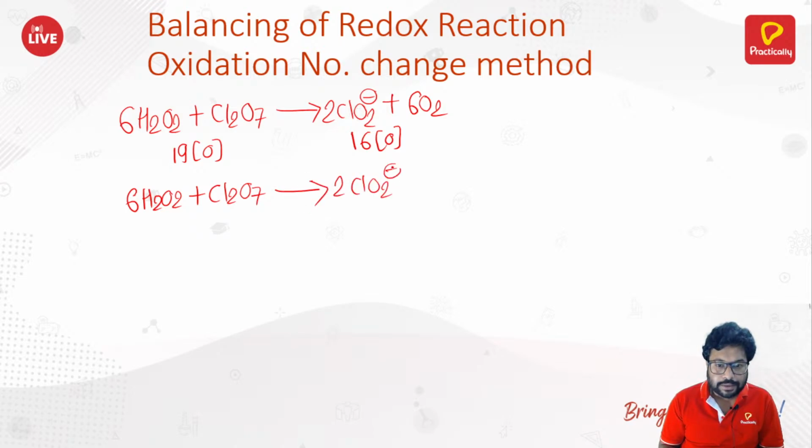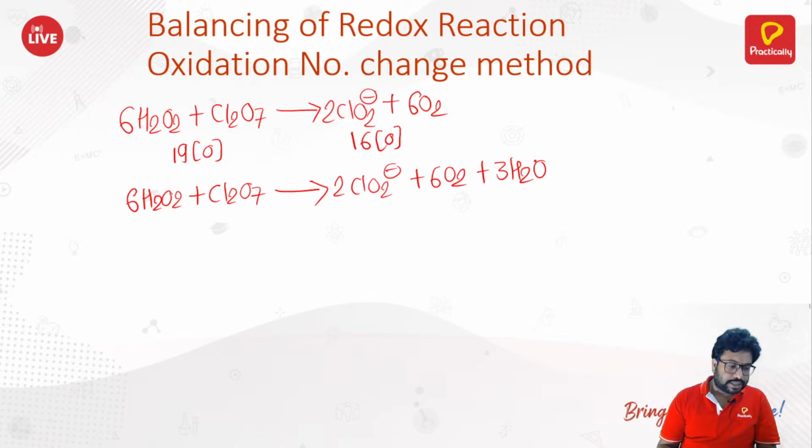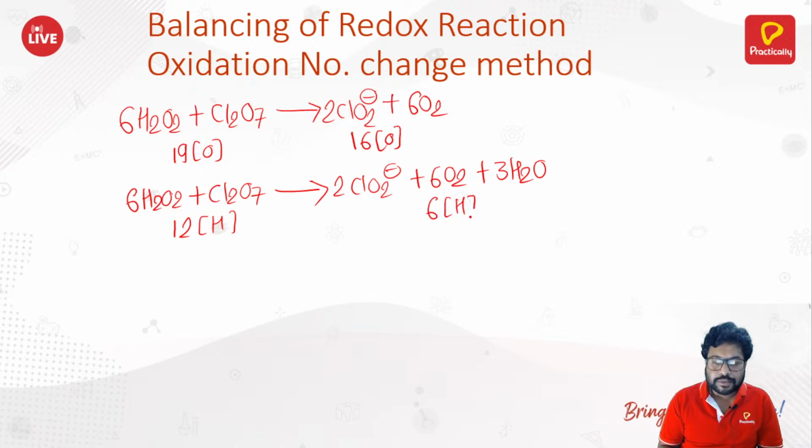2ClO2 1 minus 6O2 plus 3H2O, right? Now oxygen has got balanced. What is yet to be balanced now? Hydrogen. How many hydrogen are there on the left hand side? 12 hydrogen here. How many hydrogen you have on the right hand side? 6 hydrogen.